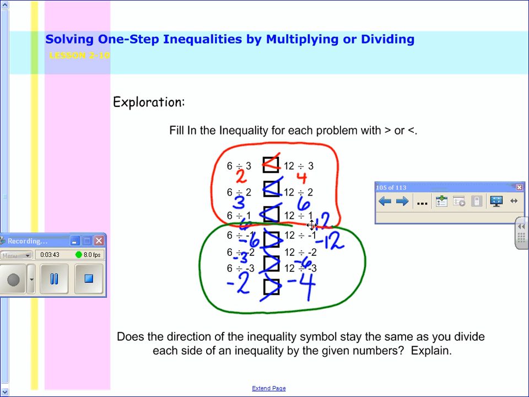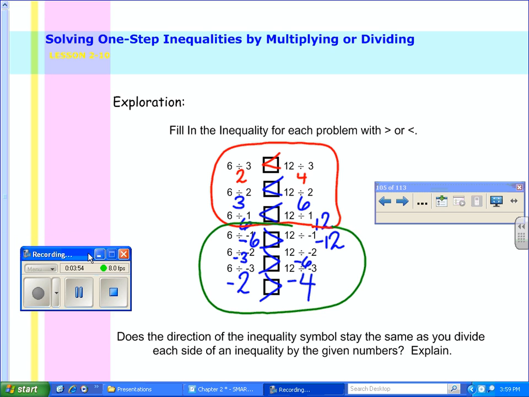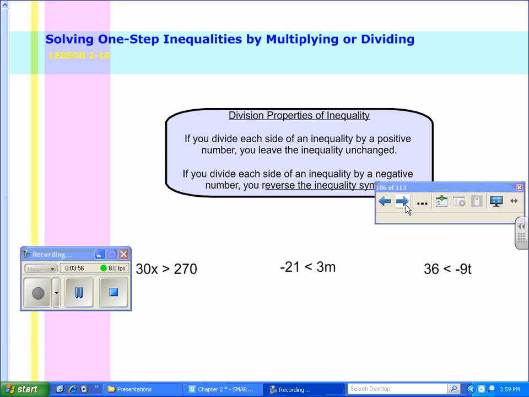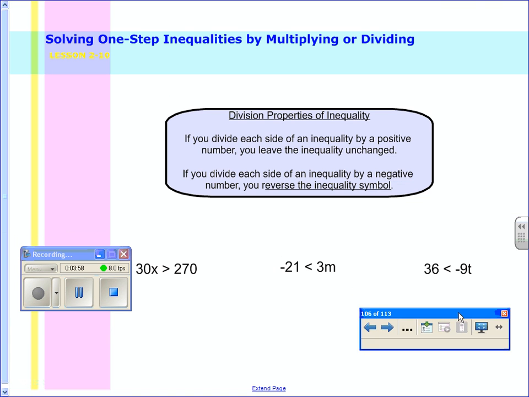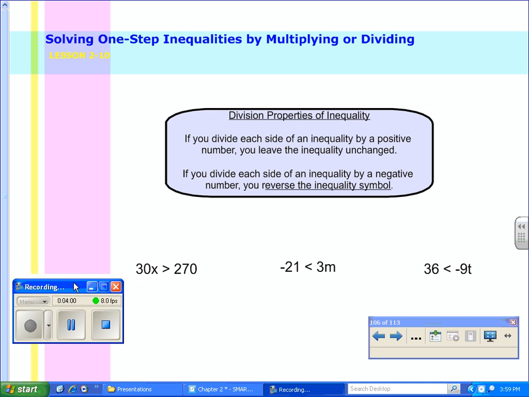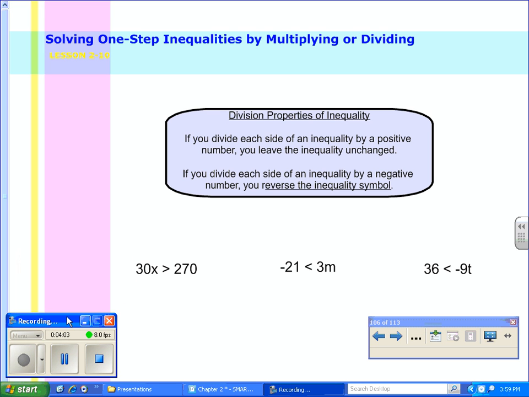So, does the direction of the inequality symbol stay the same as you divide each side of an inequality? The answer is no. When you divide by a negative number, it actually switches. So we need to keep that in mind with this property that's coming up, this division property of inequality. It reads, if you divide each side of an inequality by a positive number, you leave the inequality unchanged.